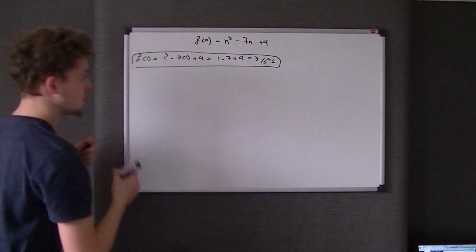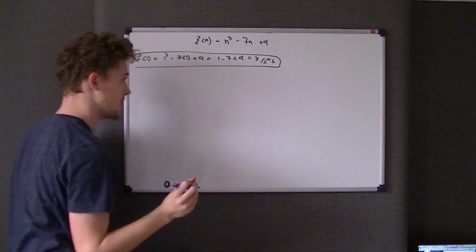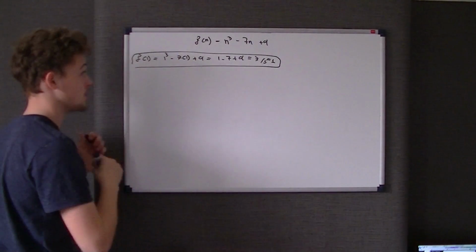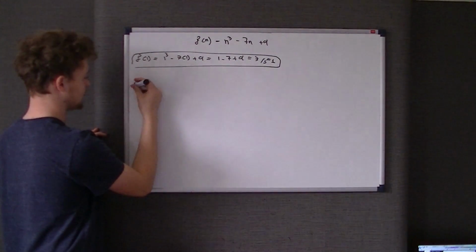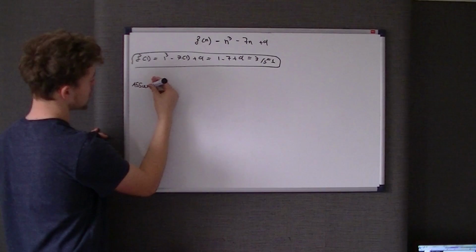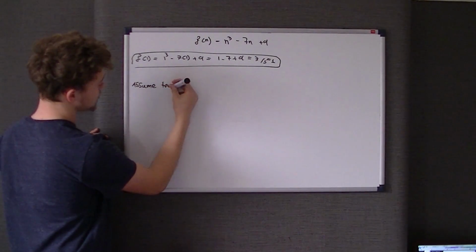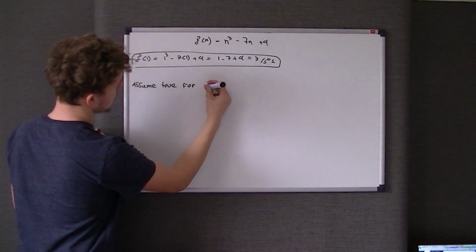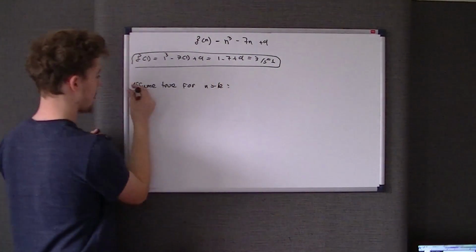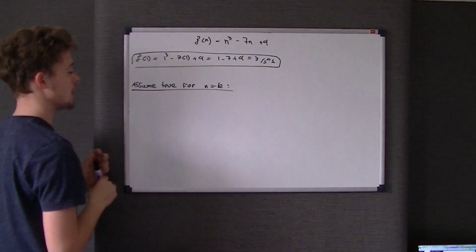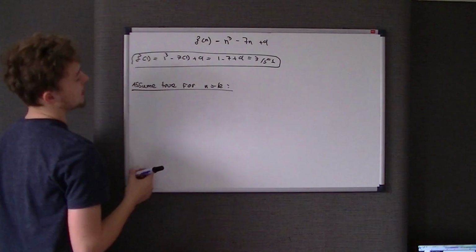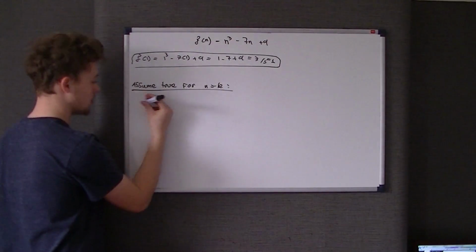But obviously we've got to prove that it's this particular equation. So the first thing we do is assume it's true for n equals k. What you do here is simply sub in n to be k in the left hand side and the right hand side.